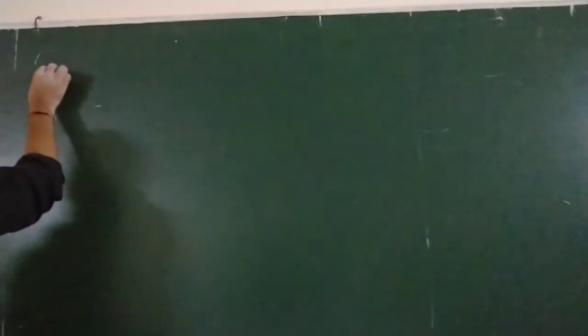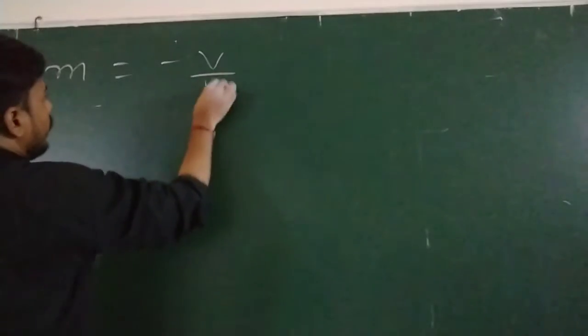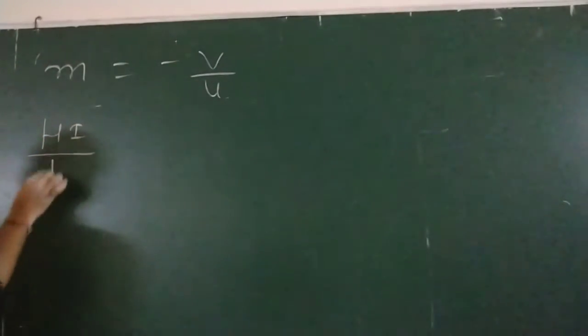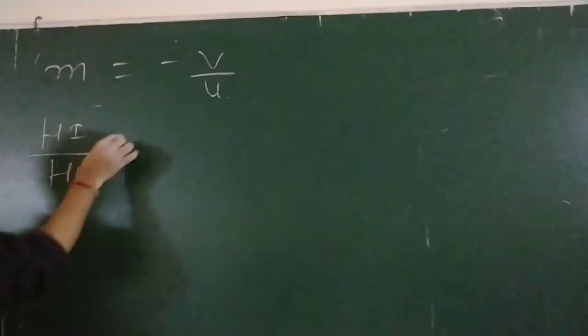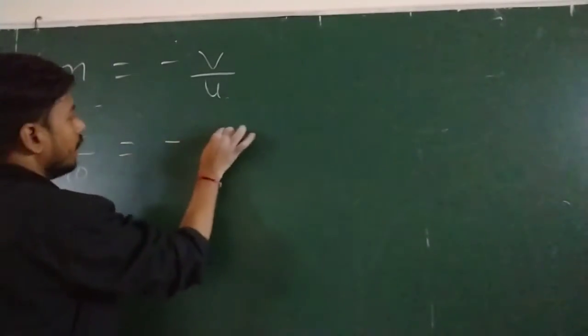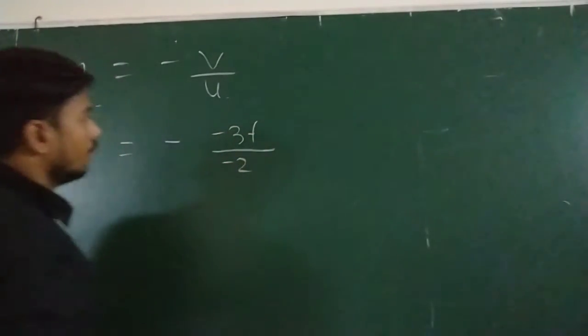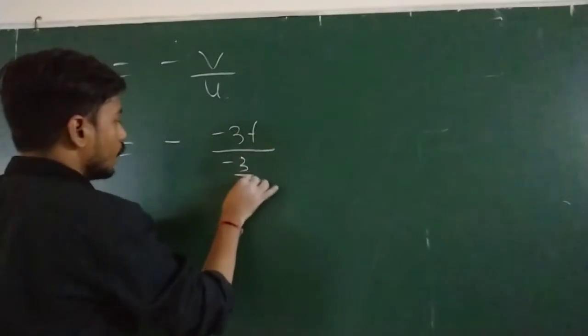So see here, because we know that magnification is equal to minus v by u. So put this value. Magnification means height of image divided by height of object is minus v, this is coming minus 3F, and u is minus 3 by 2F.